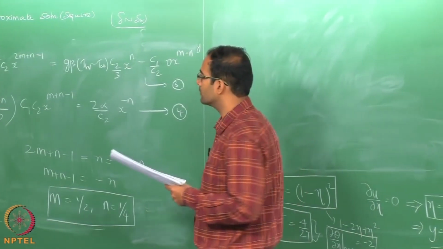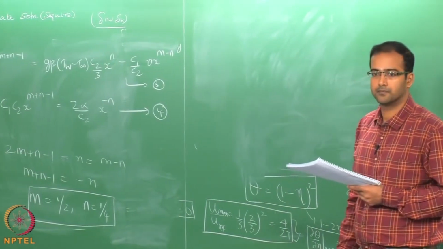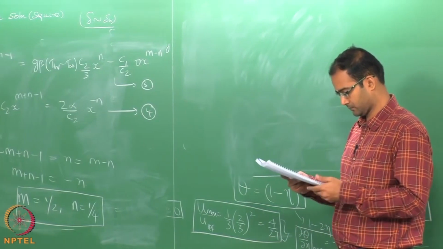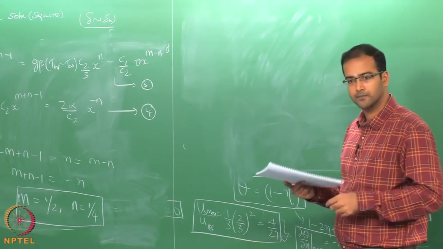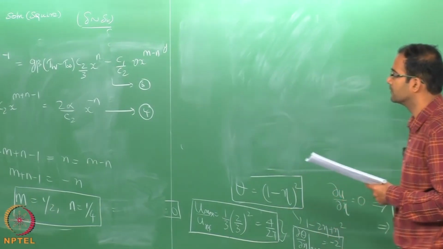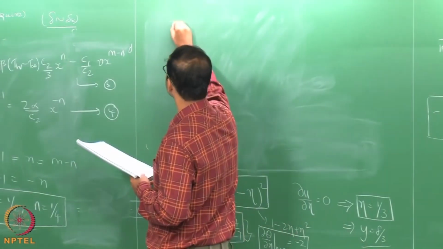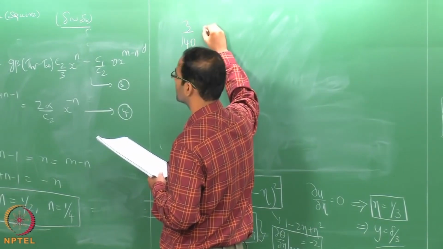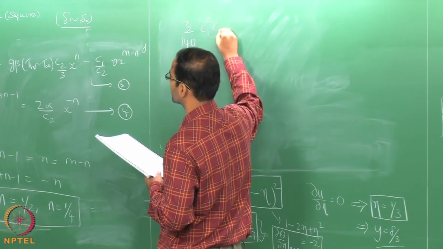So what will be 2m plus n by 105? 3 by 140 into, what is the exponent of x here?